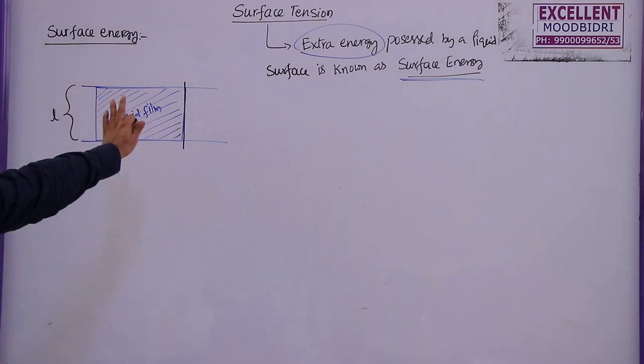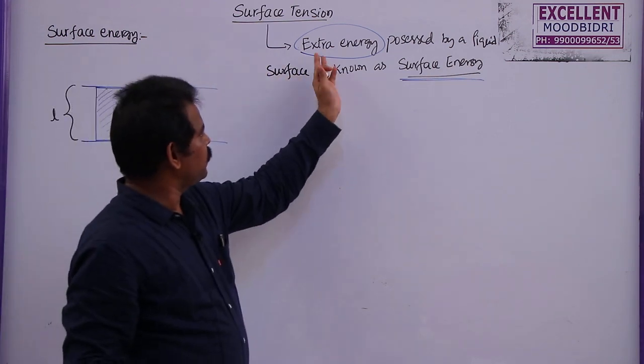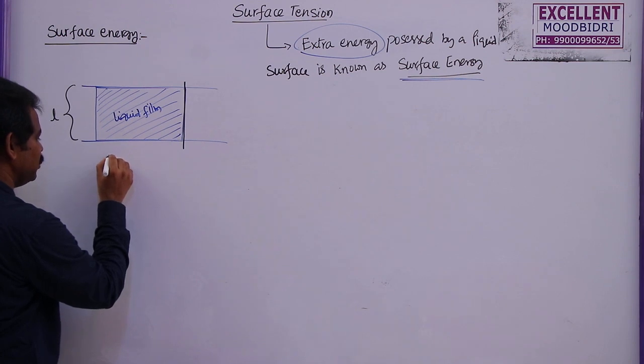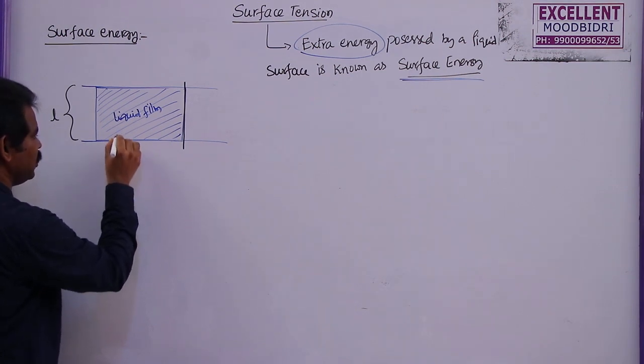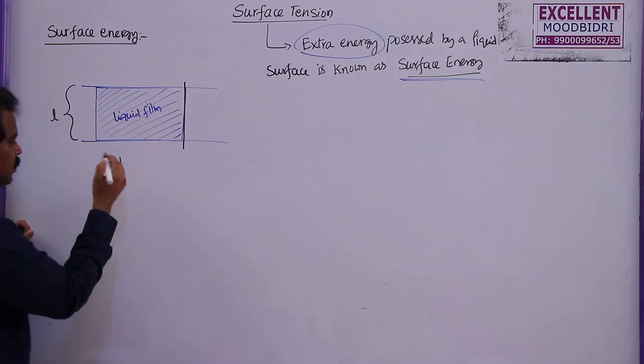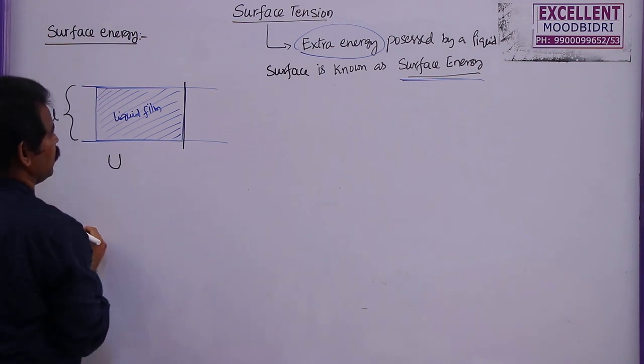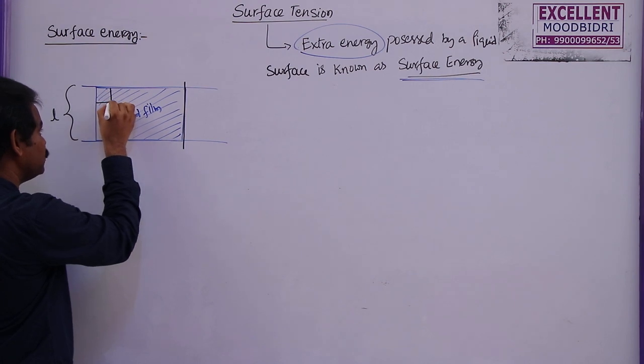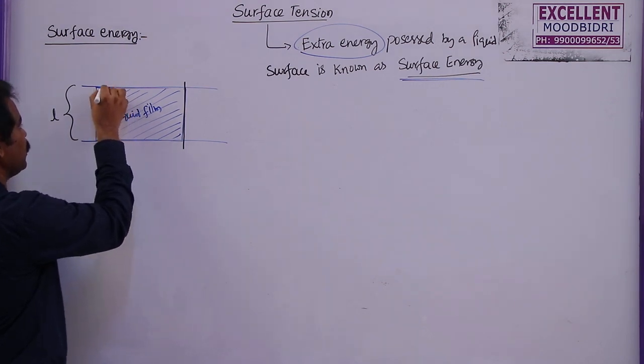We know that every liquid surface will have some energy. This energy is, let us say, the initial energy U. The energy of this liquid film which is shown in this diagram is U. Now, the energy per unit area: suppose we take 1 unit area here.